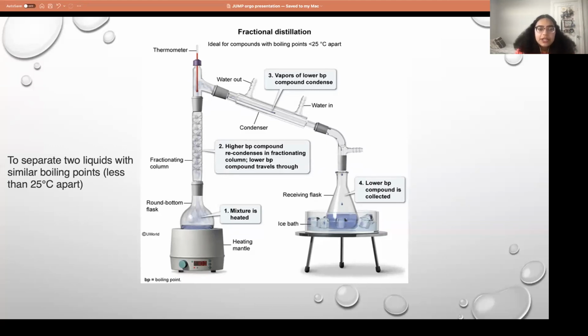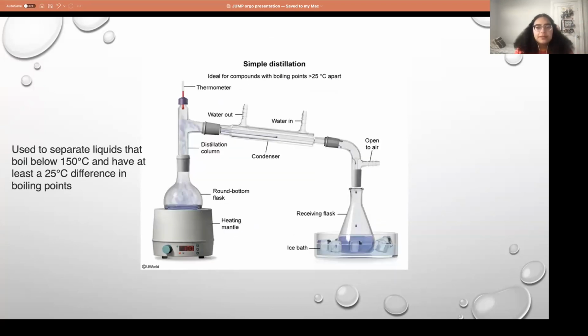Fractional distillation is when the boiling points are very similar. And so you heat, and then the higher boiling point compound recondenses in the fractionating column while the lower boiling point one travels through. So that column is what's different between simple and fractional. And then the collection is about the same. You collect the lower boiling point, and simple is the same there.